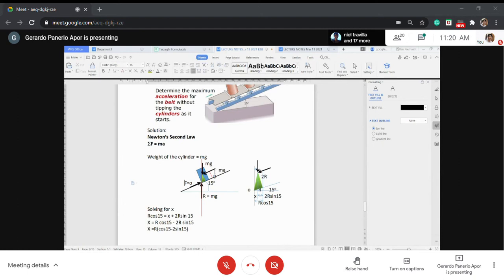And then as the can moves, there is a force generated due to the Newton's second law, that is mass times acceleration. And that force is along the direction opposite to the direction of the movement. It is always opposite, no? Like for example, nagpindot ka sa bus, ni move siya towards the north. Di man ka matumba pa sa north, matumba ka pa sa south. Okay? Why?